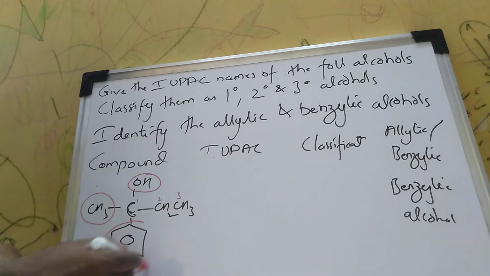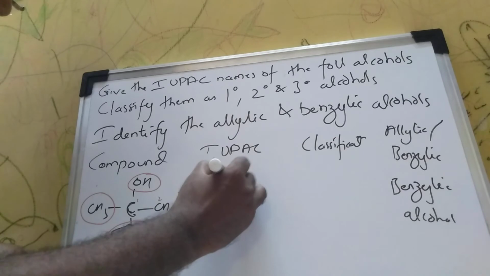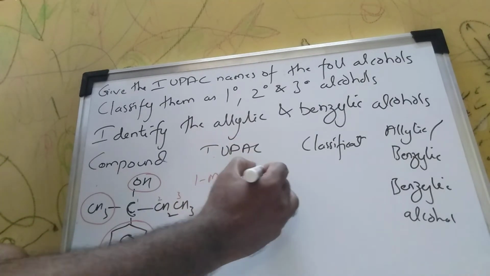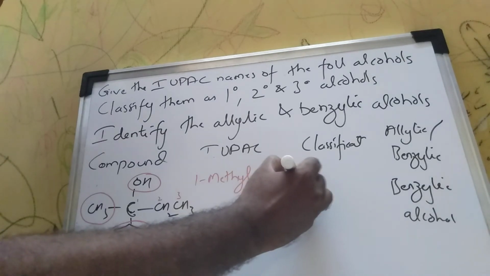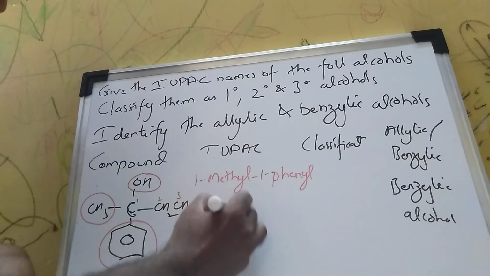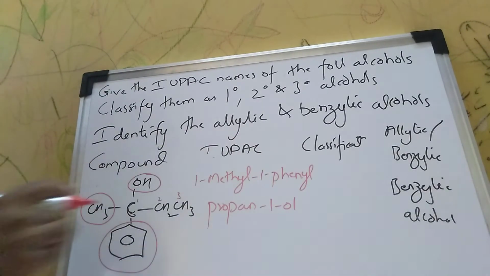This one has another substituent, phenyl. So this can be named as 1-methyl, alphabetical order, 1-phenyl, propan-1-ol.